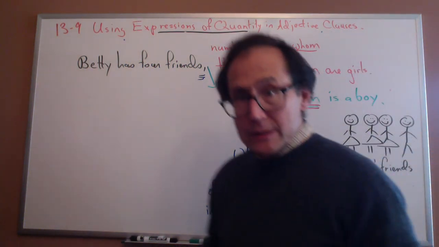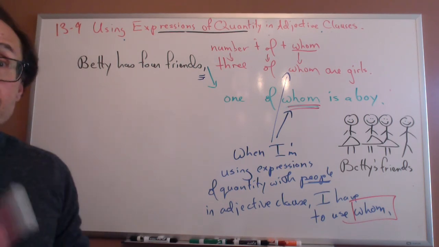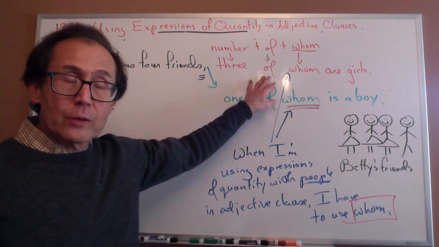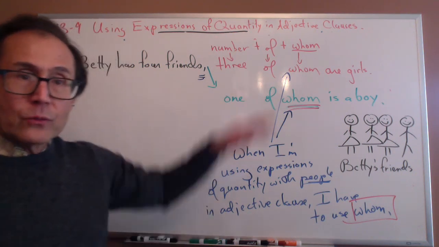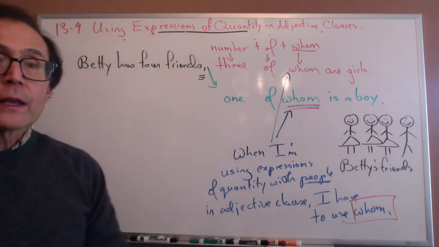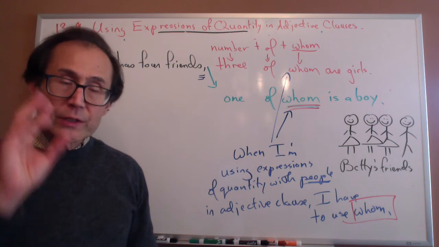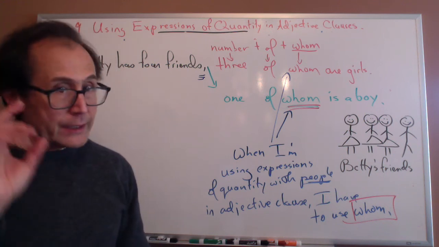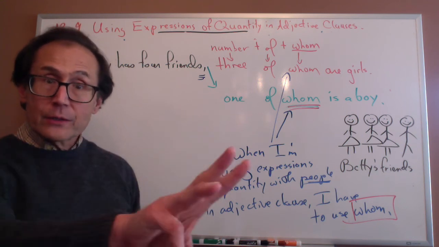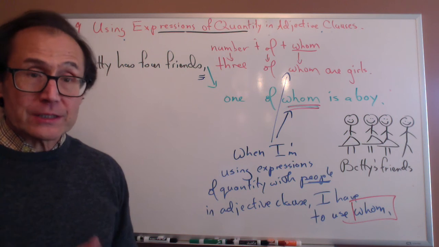Americans don't say whom very much, and we usually only say it when we're formal. And so if you are thinking, oh, this uses whom, does that sound formal? Yes, it does. The way that we're learning to say this here with expressions of quantity tends to be formal. So it's formal when I use it with which, it's formal when I use it with whom, it's formal when I use it with the third one that we're going to talk about in just a minute.